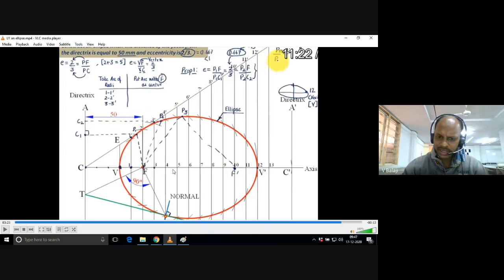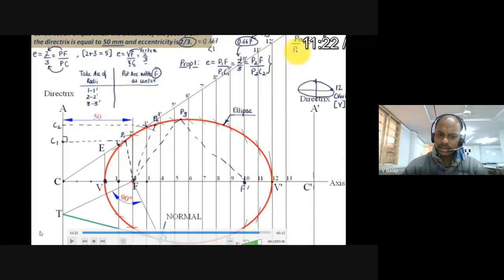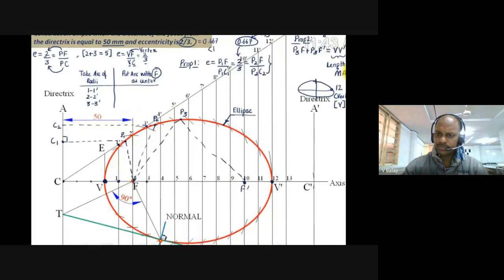Where is the major axis here? VV dash. So here I am writing P3F plus P3F dash is equal to VV dash, the length of the major axis.